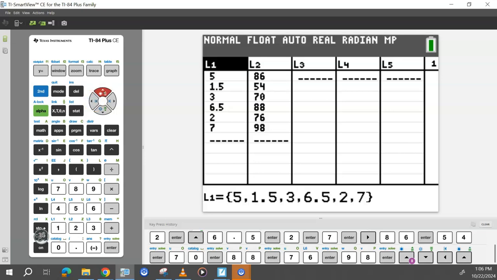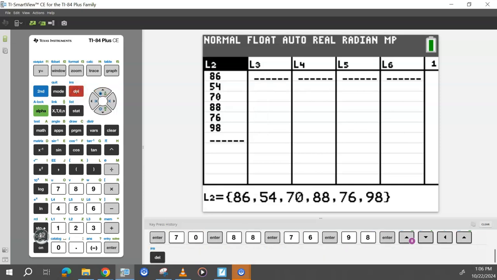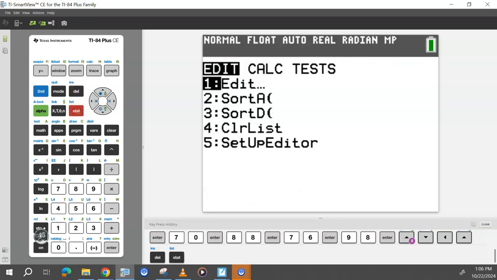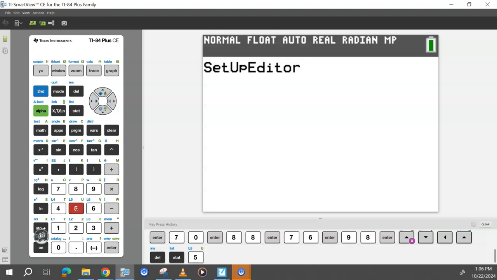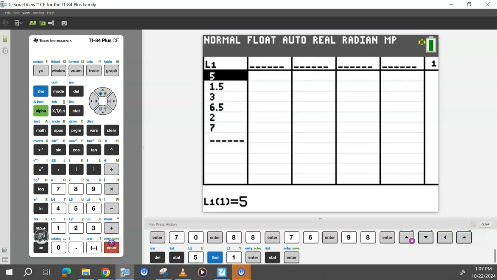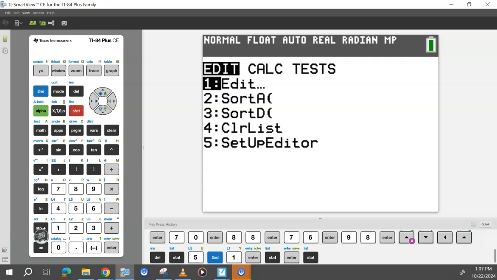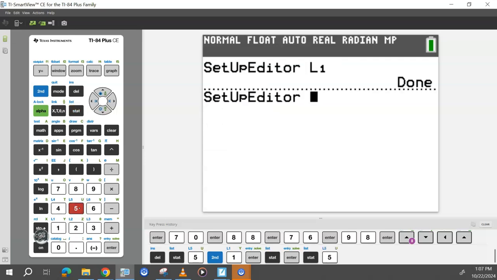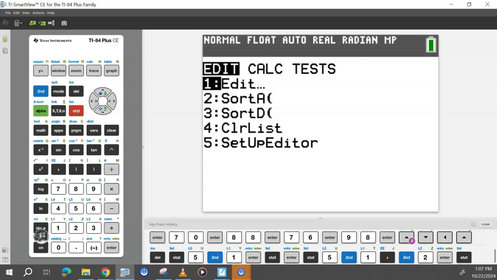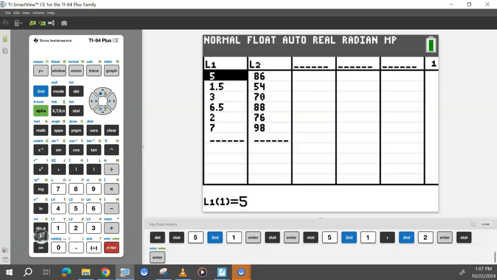If you happen to go up here and you want to delete something and you hit delete, and now you're missing something, if you go back into stat and set up editor, it will fix that for you. But I'm going to show you how to actually clear it out without deleting it here in a moment.